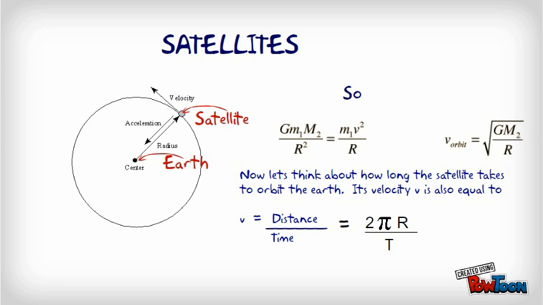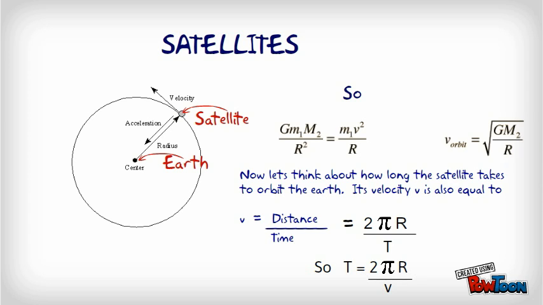And the time is the time taken for one complete orbit around the Earth. That's denoted by the letter T. And if we rearrange that equation, we can find that T, the time taken for the satellite to complete one orbit, must be equal to 2 pi r divided by v.